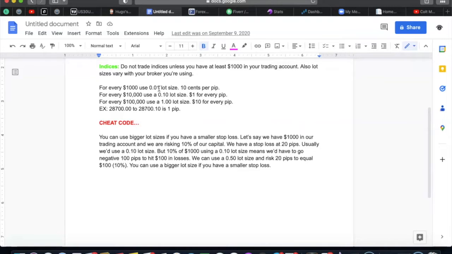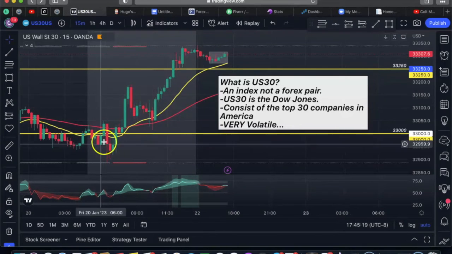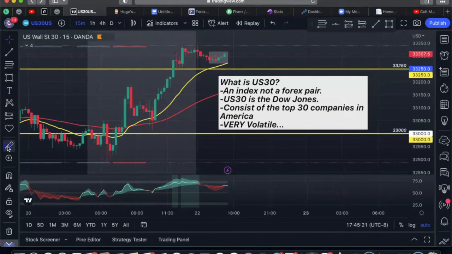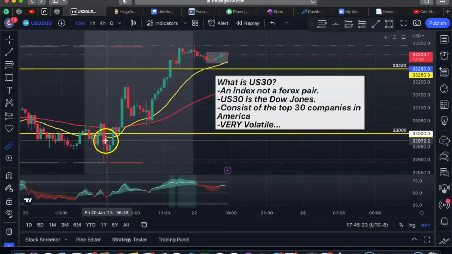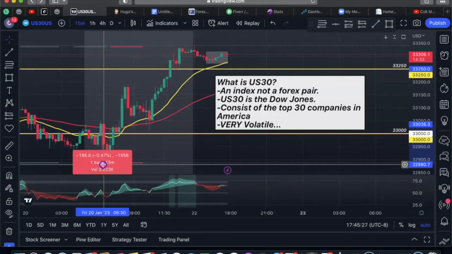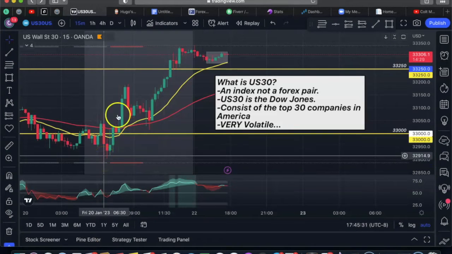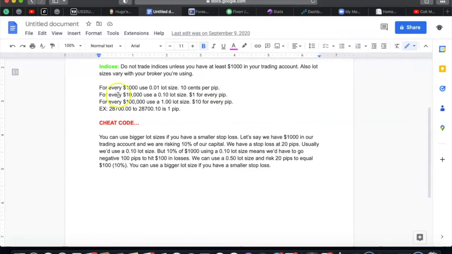US30 definitely moves, and if you go back and backtest it and look at all the moves they have, like from the market open right here at 6:15, just down to this low right here, 1,500 pips in a matter of 15 minutes. Okay. Now, if we go back, we can see for every $10,000 that you have, you're going to use a 0.10 lot size.